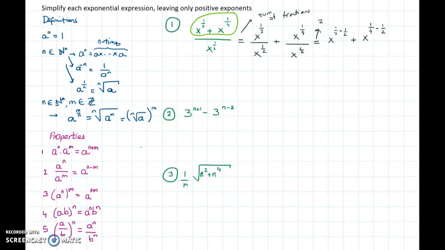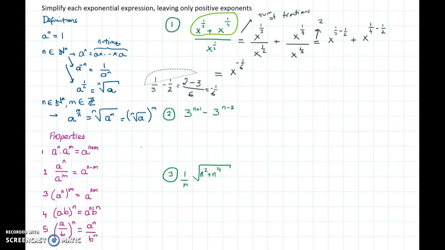Okay, here we just need to deal with fractions, so we need to see what is 1 over 3 minus 1 over 2. I'm going to take common denominator 6, so I need to multiply the first fraction by 2 and the second one by 3, so I get minus 1 over 6. So this is, for the first one, x to the power of minus 1 over 6.